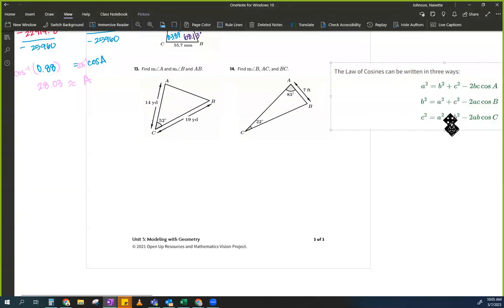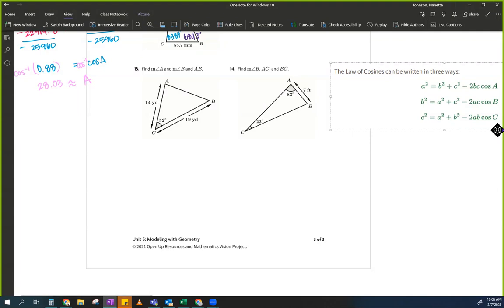So which one should I choose? Should I use 1, 2, or 3 for this one here? Yeah, I'm going to use 3 for the same reasoning as before. Because they gave me angle C, I'm going to find the one that has angle C in it. So I'm just going to plug this in again.